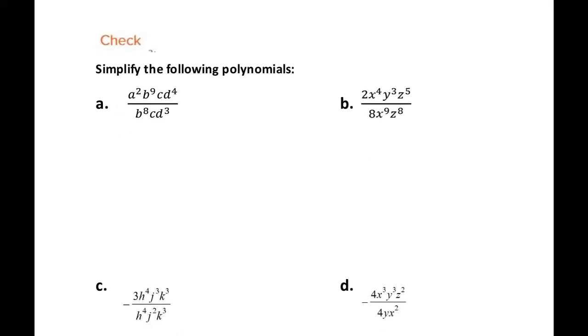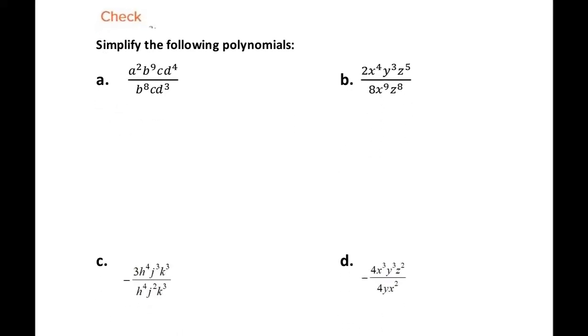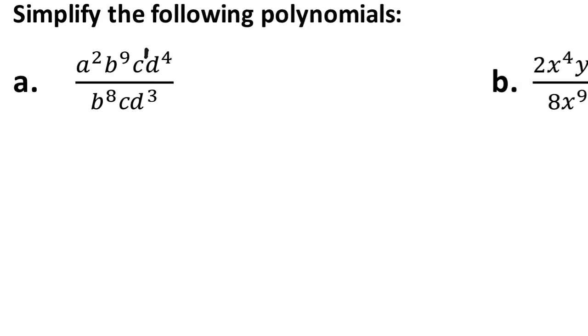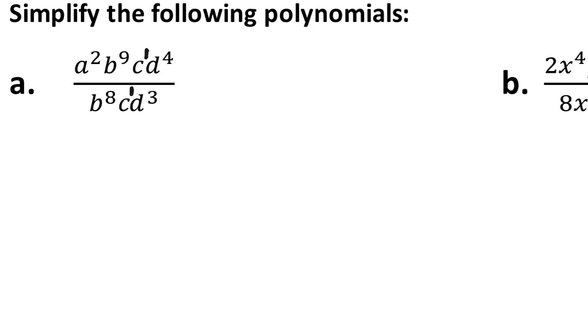So let's take a look at some more of these examples. A to the 2nd, B to the 9th, C, D to the 4th. Let's put a 1 on our C up here, and let's put a 1 on the C in the denominator. Okay?